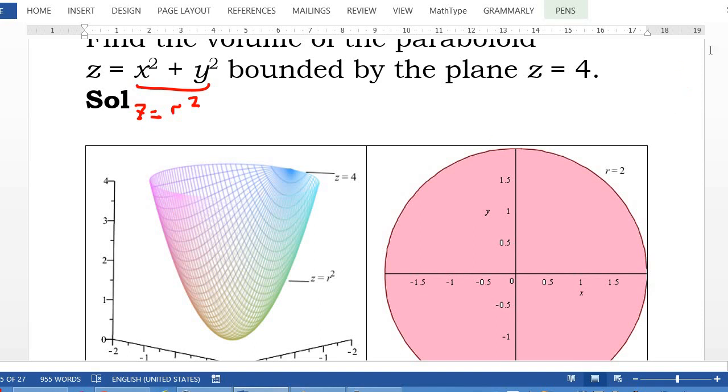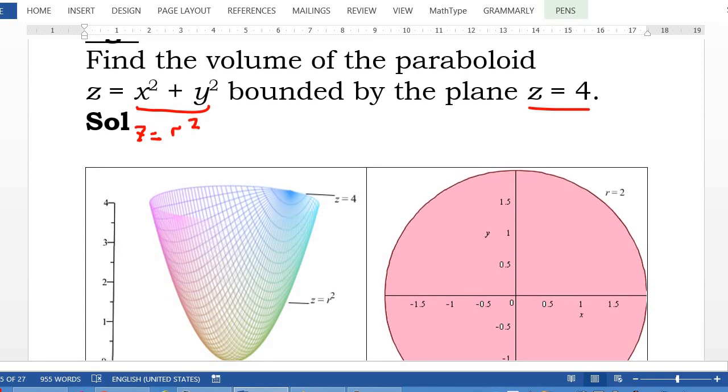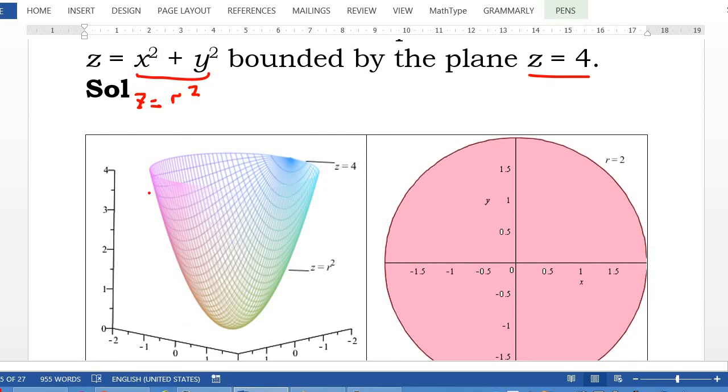To find the volume, you must bound the paraboloid surface, and this surface is bounded by the plane z equal to 4. So we have a flat horizontal surface z equal to 4. Since the solid is parallel with the z axis, again we integrate with respect to z first.